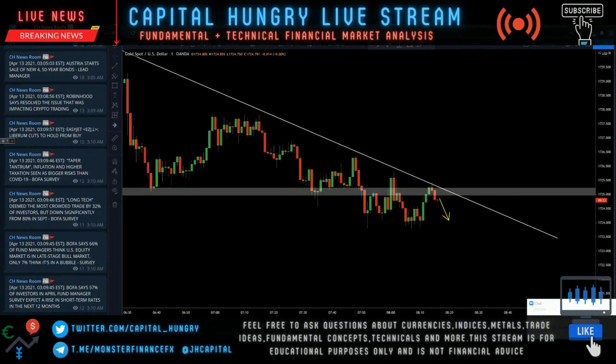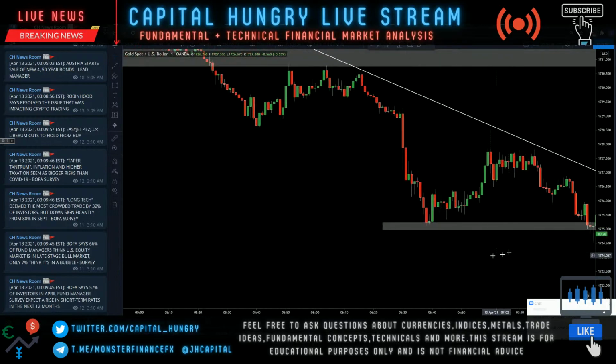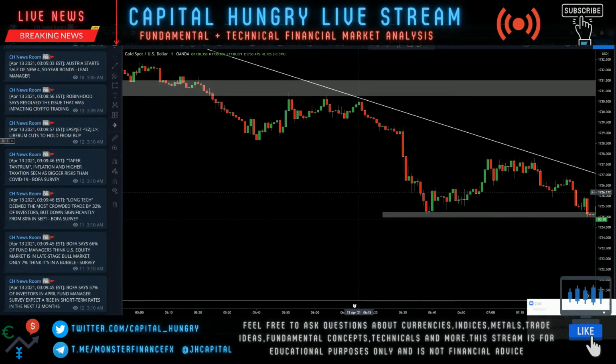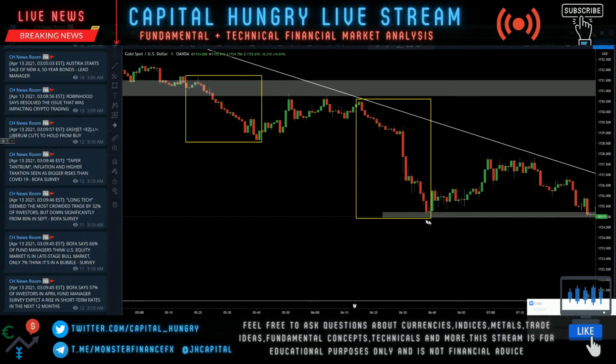If I can give you guys an example, we want a sequence of events similar to this or this. We do not want strong bullish engulfing bounces. We do not want the previous bearish candles getting corrected. We do not want large bullish candles or consecutive bullish candles. That's not what we want. All right?